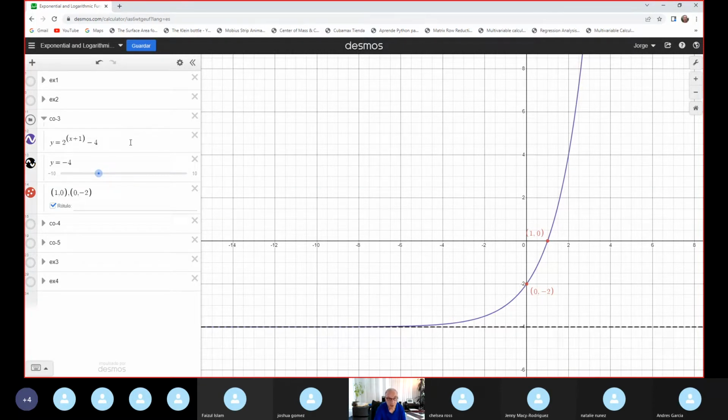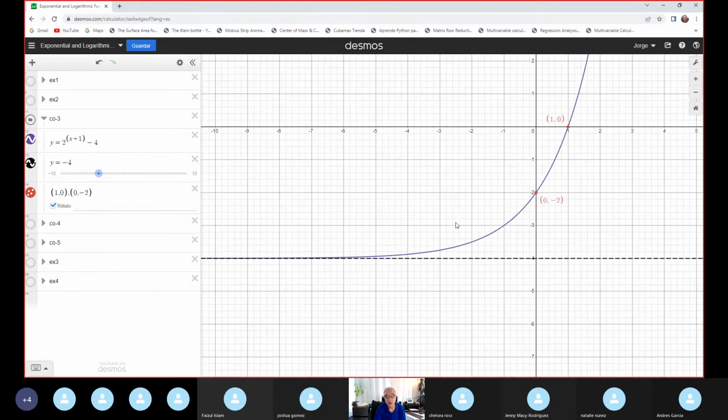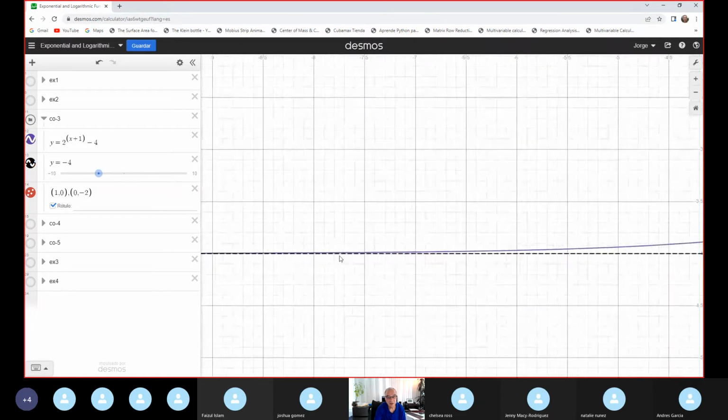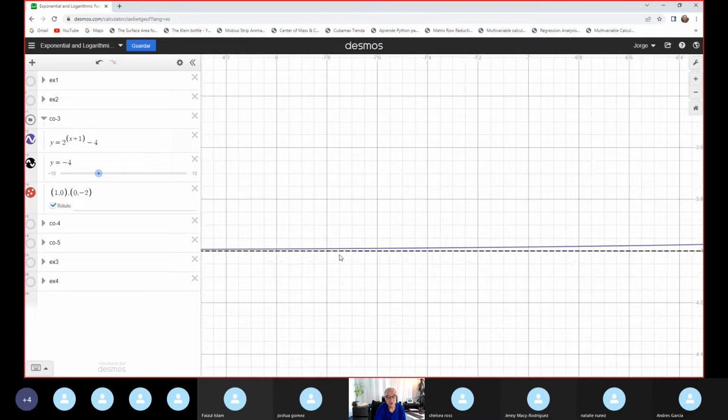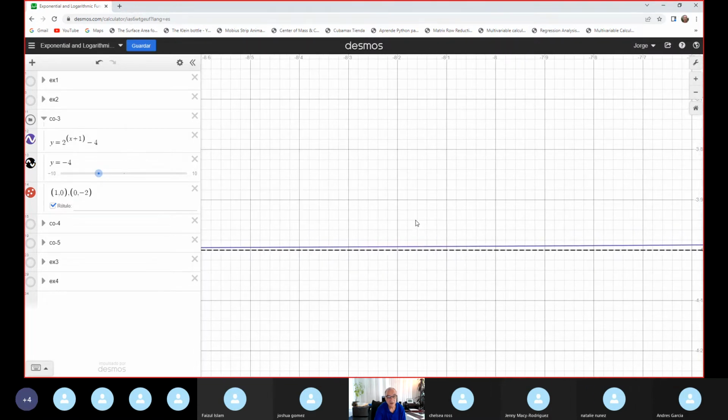And you see very, very clearly the end behavior, how our curve, purple color, approaches -4 asymptotically. Guys, I promise it never touches. Look at that, asymptotically. Okay?